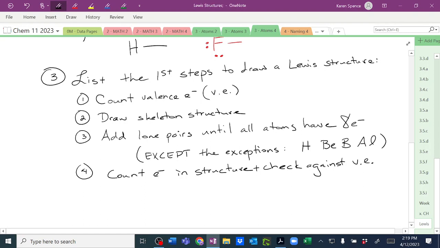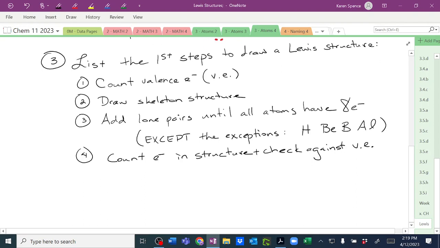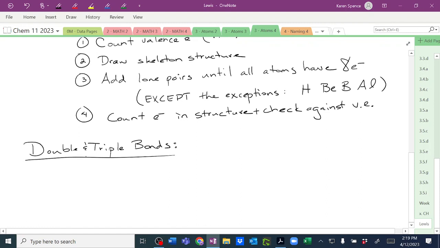Okay. So let's do some double bonding today. All right? Triple bonding, double bonding. And we're going to start with a compound that was a little bit challenging for some people when we did it by just trying to cram atoms together last week.